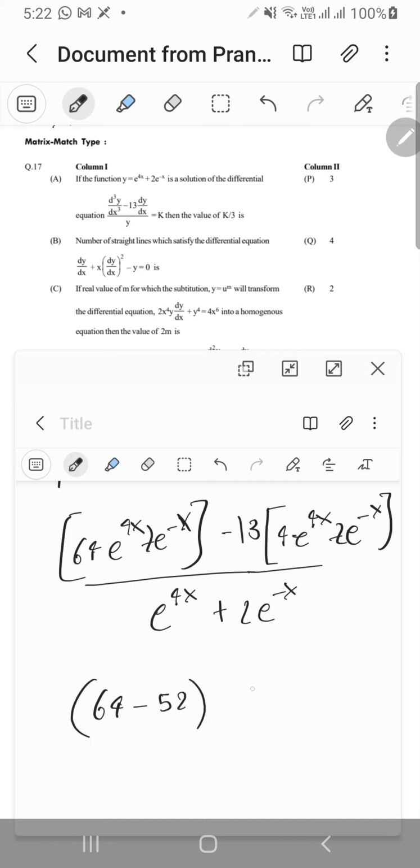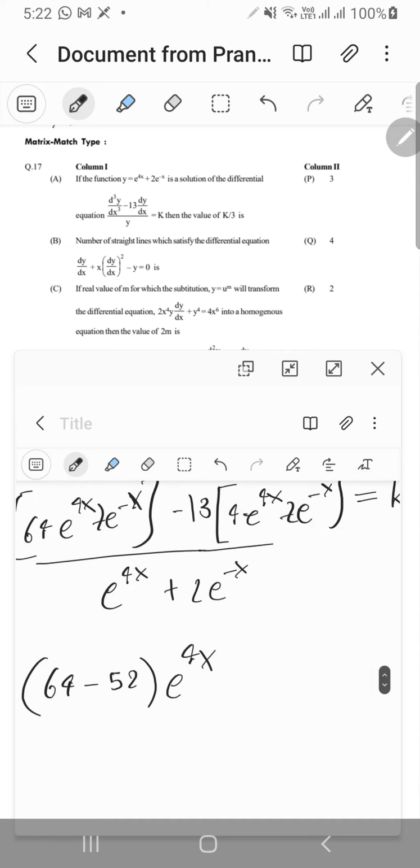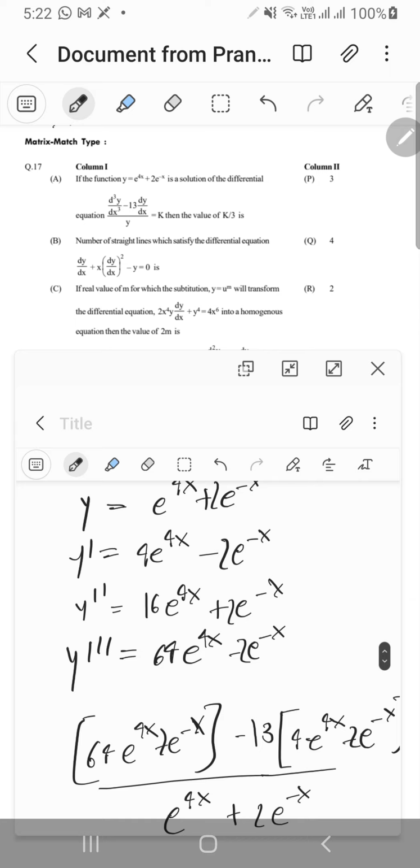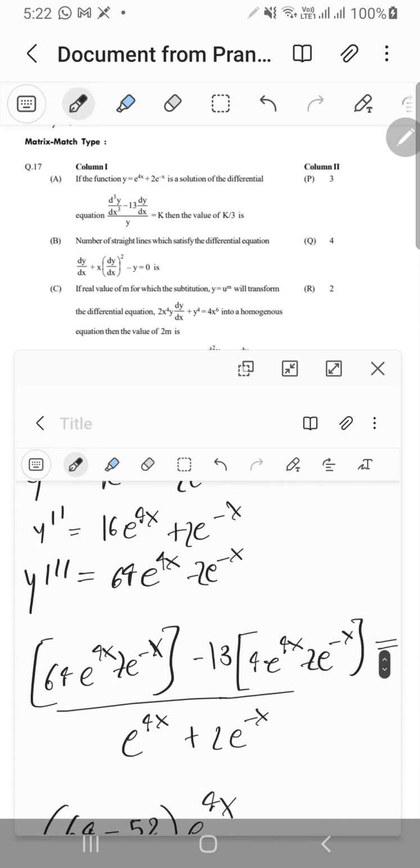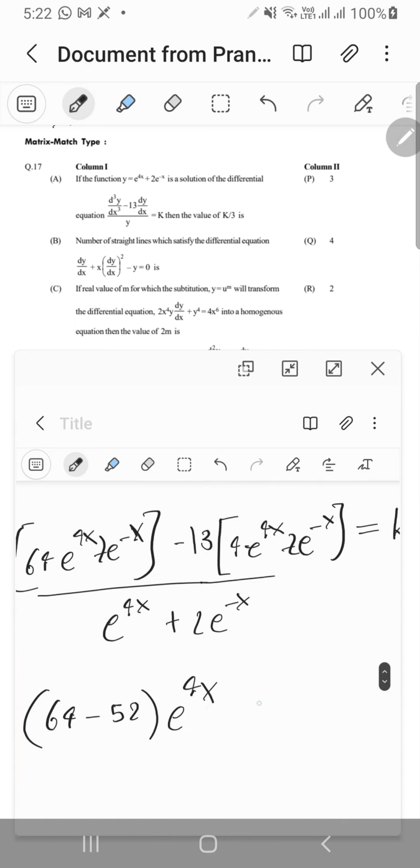Yes, e power 4x. So yeah, and y double dash is negative, y dash also has negative. So this will just be 1 minus 13, which is negative 12 times negative 2 is 24. So plus 24 e power negative x.